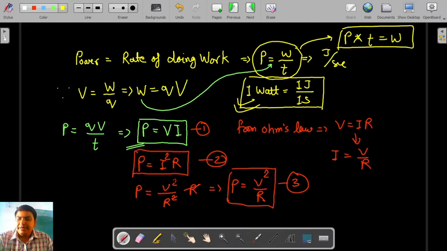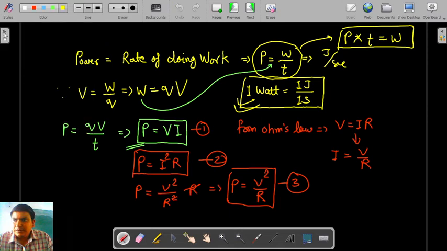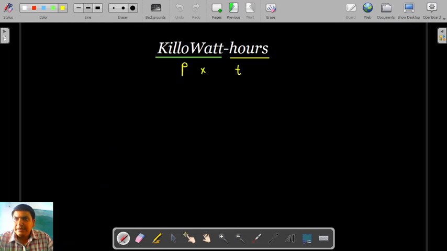So it means that if there is power multiplied by time, this particular unit is representing some kind of work, some kind of energy.